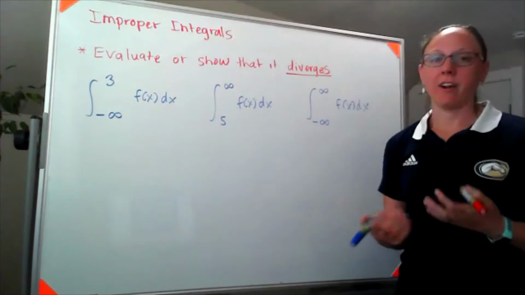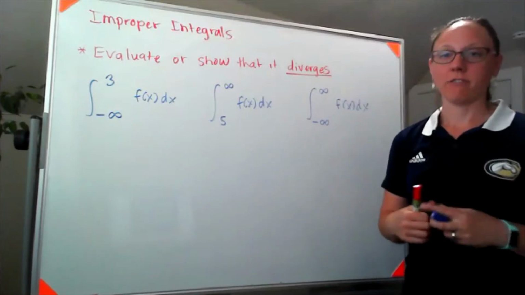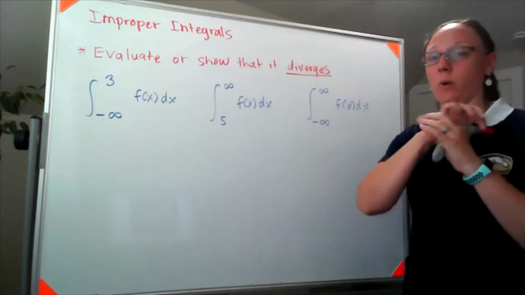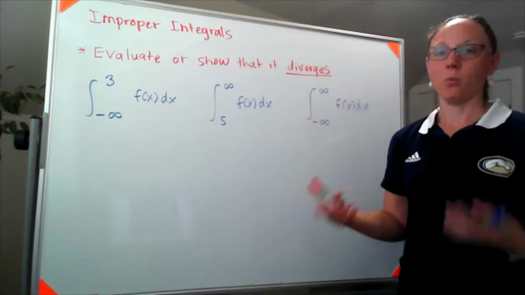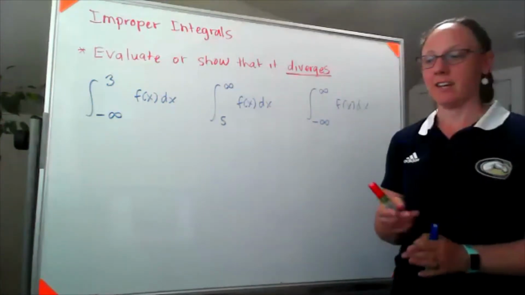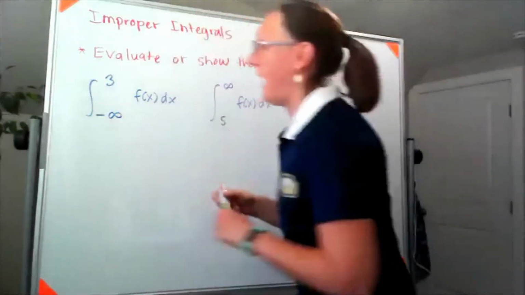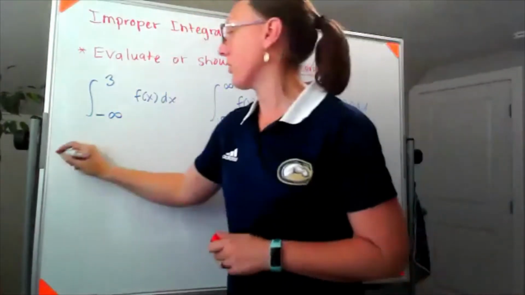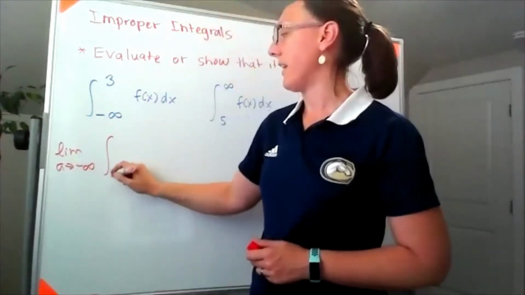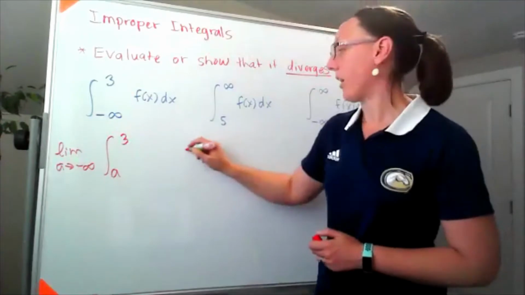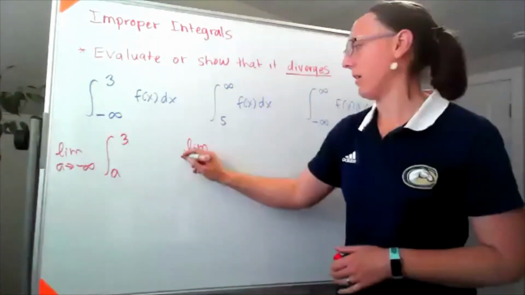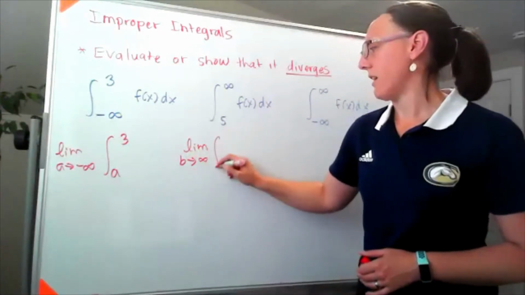In general, with our improper integrals, the first thing that we want to do is to replace wherever the infinity is showing up with a letter, and then take the limit as that letter approaches infinity. So in this case, I would switch that around to look like the limit as a approaches negative infinity, and then I'd go from a to 3. Here, I'd switch this to be the limit as, and the choice of letter doesn't matter, b approaches infinity, 5 to b.